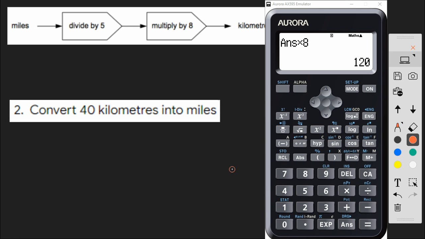Now in question 2, we're given the value in kilometres and we need to work out the value in miles. We're going to do that by putting our machine into reverse and using inverse operations.